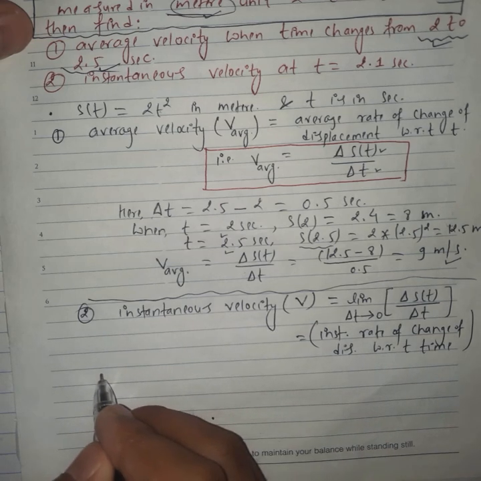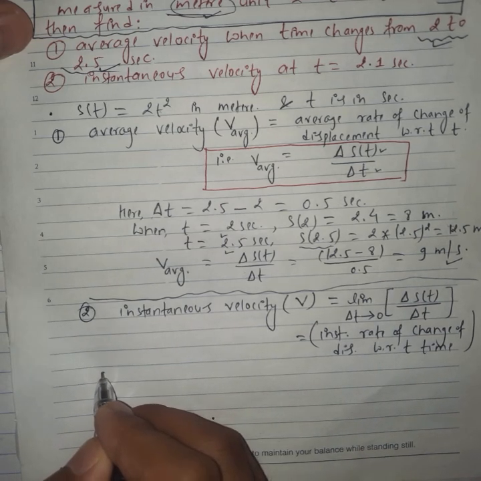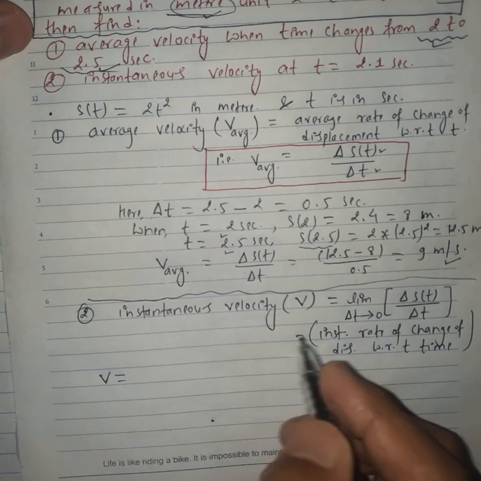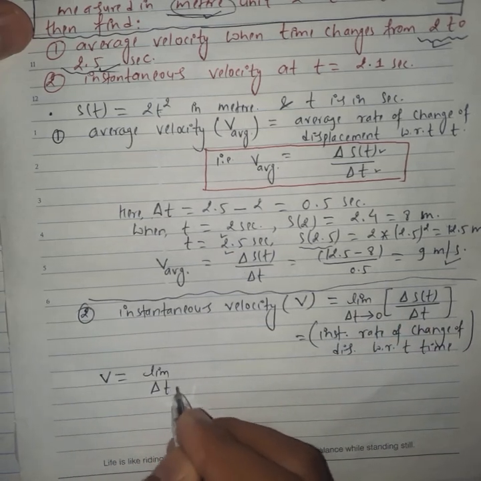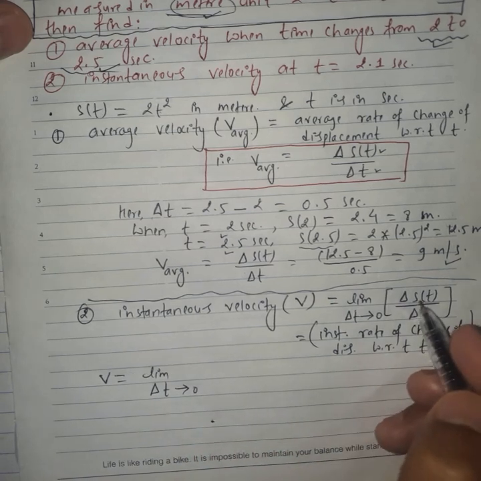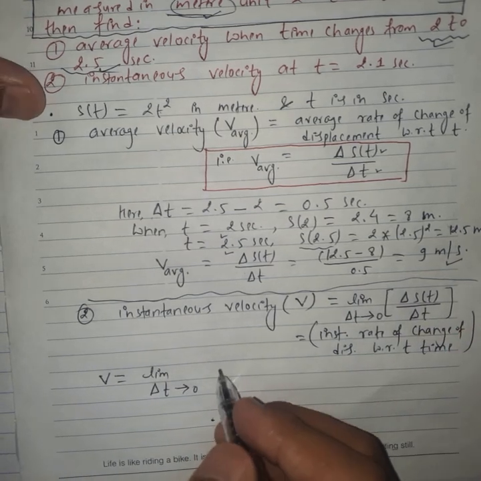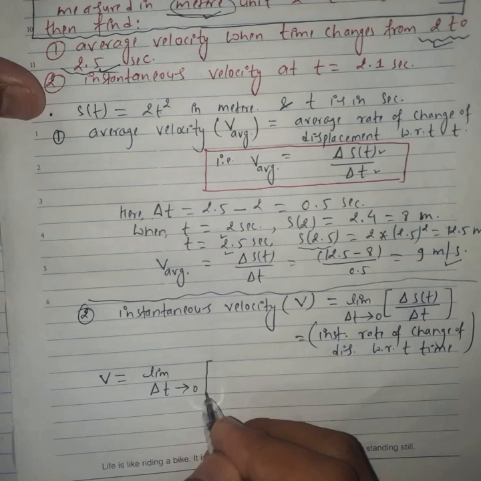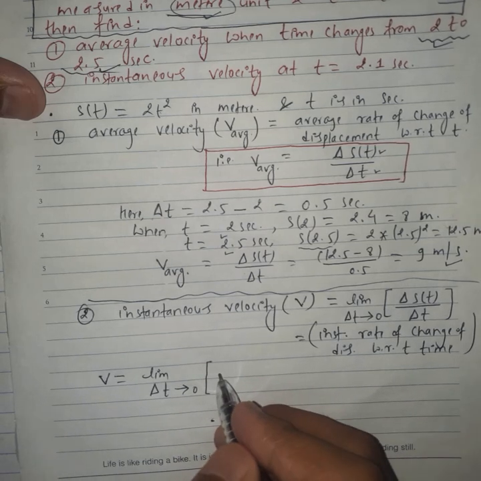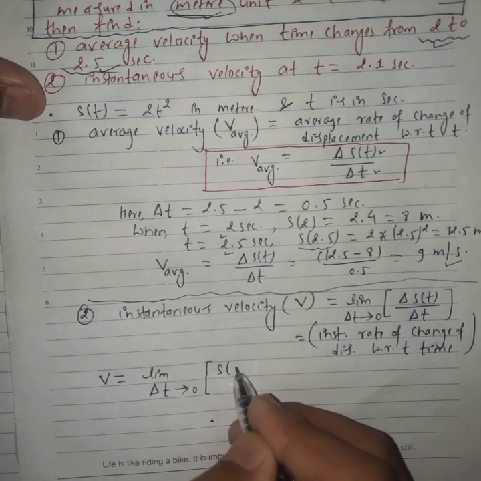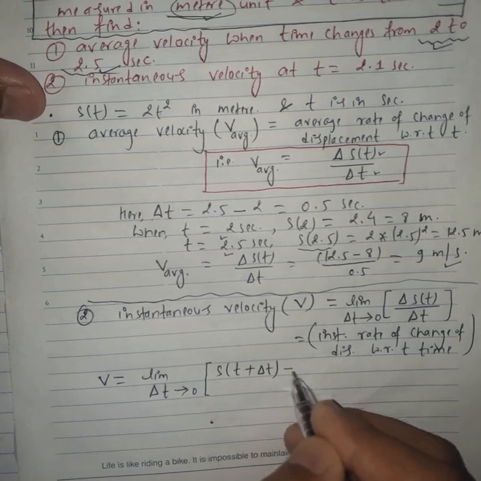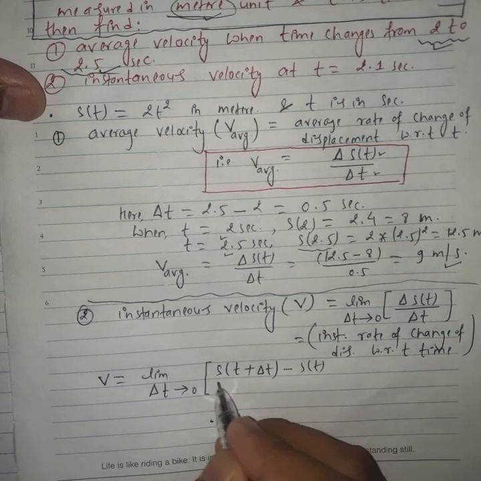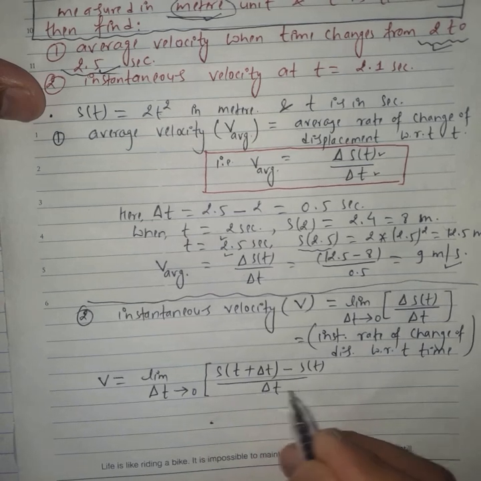Let me write here. So the instantaneous velocity is the limit when delta t approaches 0 of delta s of t, which we can write in another form: s of t plus delta t minus s of t, over delta t.